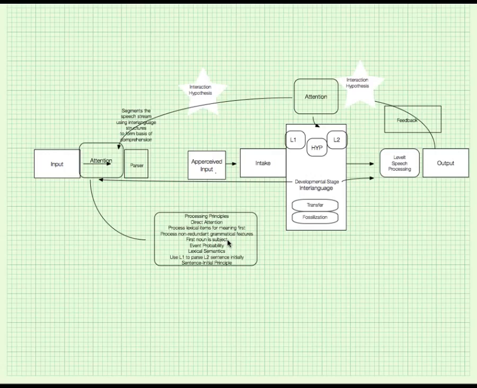Another processing principle would be the first noun principle. That is to say that a learner who encounters the first noun in a sentence is likely to interpret it as the subject of the sentence, even though some languages don't forcibly work that way all the time.